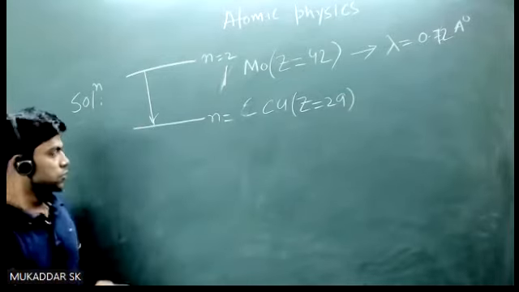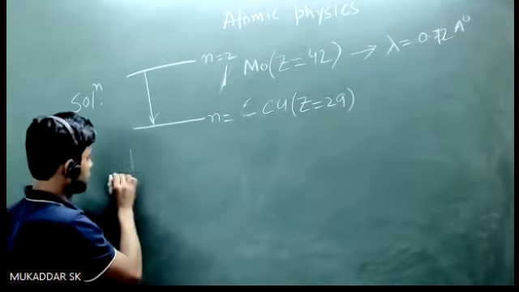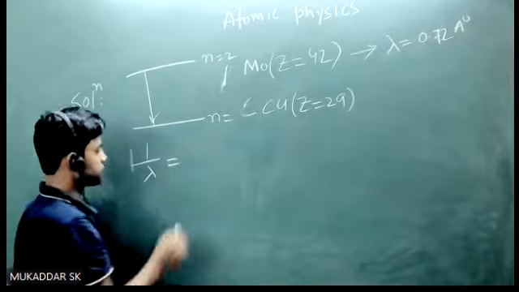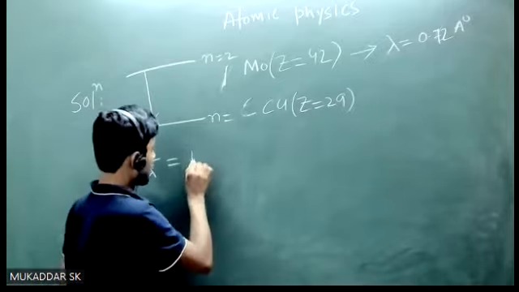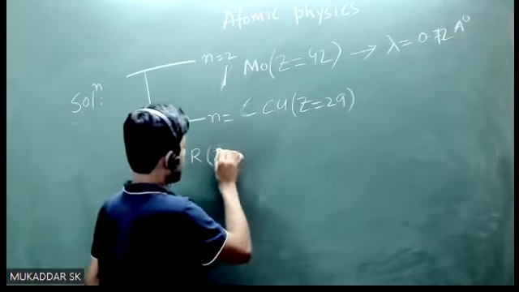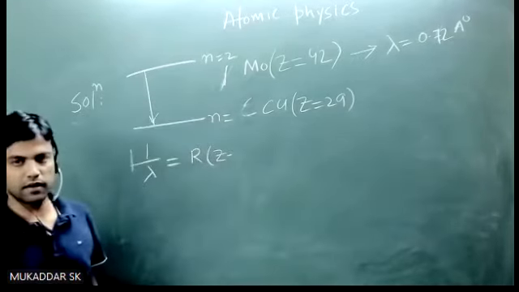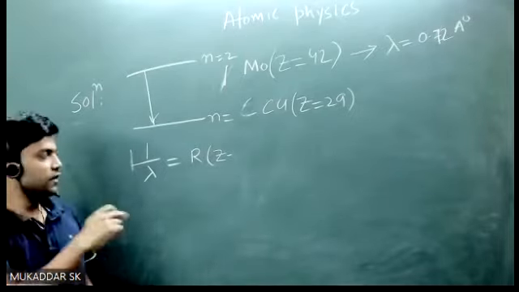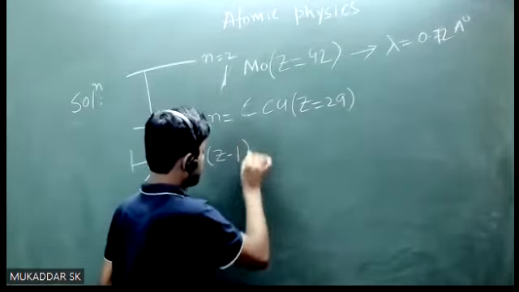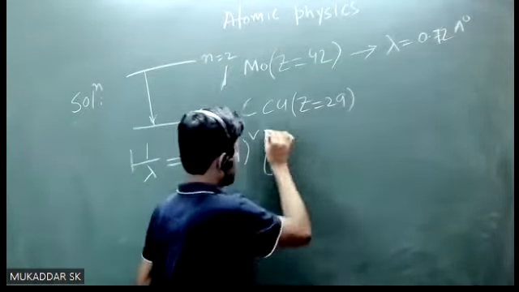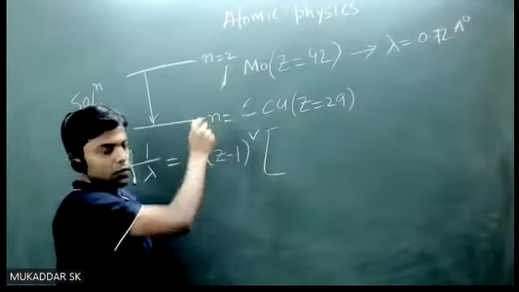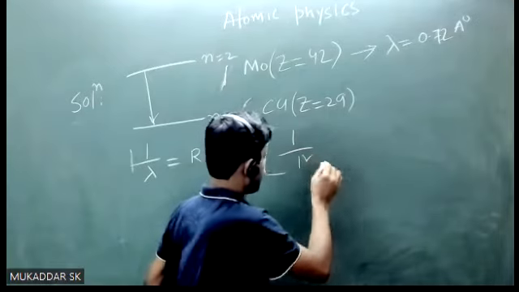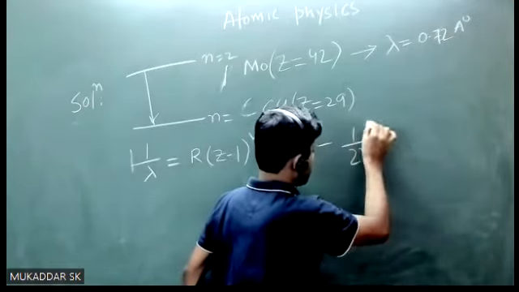You know the formula, yesterday we discussed that 1 by lambda is nothing but R into, for the K series, the screening constant is 1 for K alpha or all K lines, right? And since it is happening between 1 and 2, we write 1 by 1 square minus 1 by 2 square.